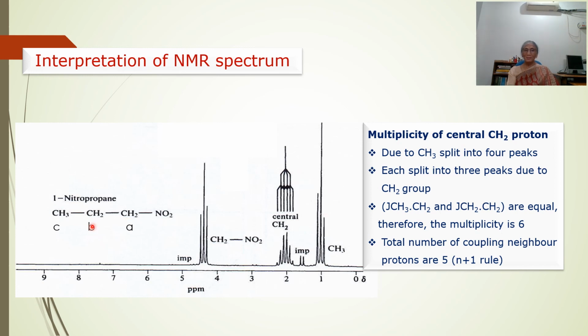Now the central methylene protons will again couple with the methylene protons bonded to the nitro group, and every line will split up into 3 peaks. Since the coupling constant J(CH2-CH2) and the coupling constant J(CH3-CH2) are identical, overlapping of peaks will be seen, and ultimately it will result in a sextet.